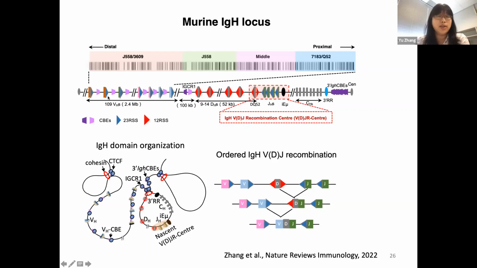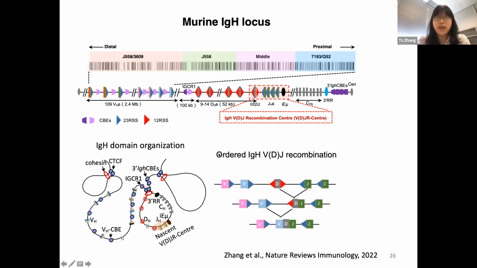Upstream of the IGCR1, there are hundreds of V segments spread over a very large 2.4 megabase distance. There are also multiple CBEs within this locus. In the proximal V's, there are CBEs associated with each RSS, and in the distal V's, CBEs are more dispersed within the region.